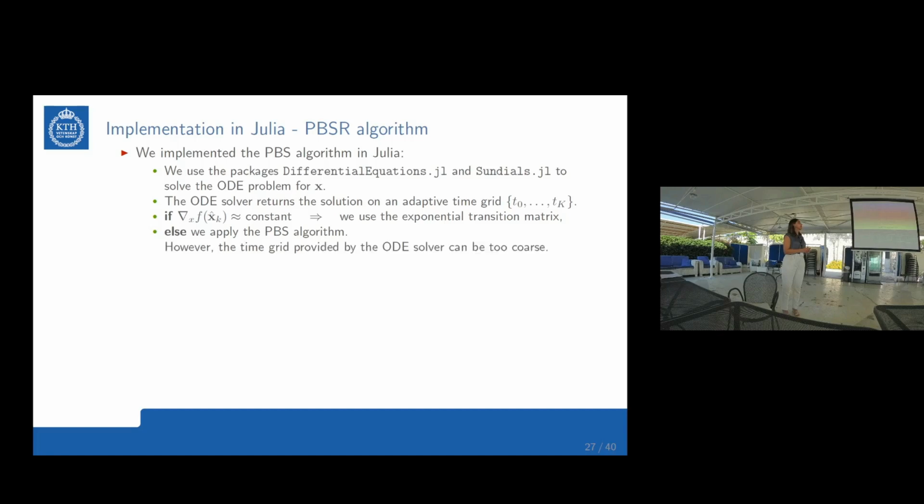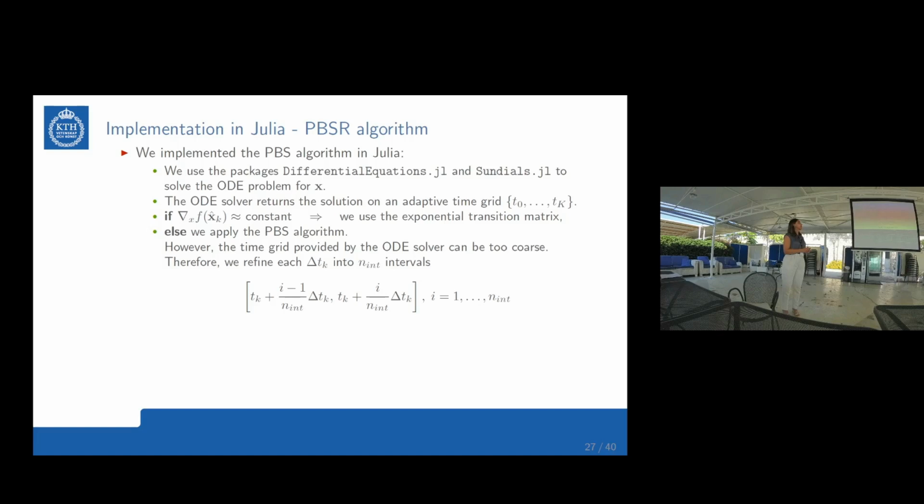However, we realized that the time steps could be too coarse, and therefore all these approximations were not good. We were providing a very inaccurate solution. So we thought about refining every time interval.